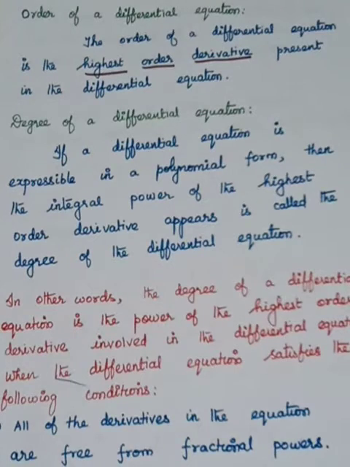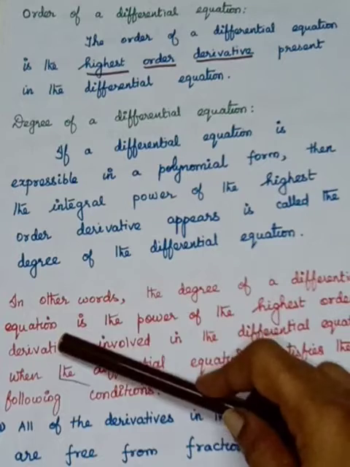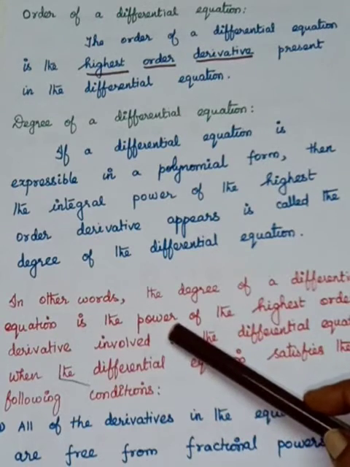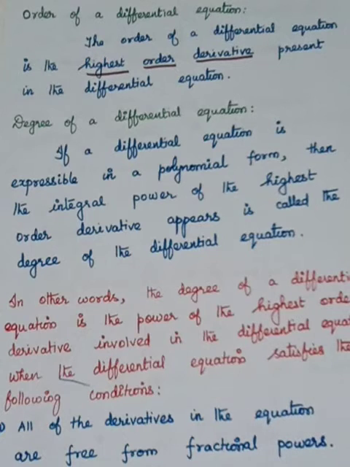In simple words, the degree of the differential equation is the power of the highest order derivative involved. So first we have to find the order, meaning the highest order derivative, whose power is called the degree.